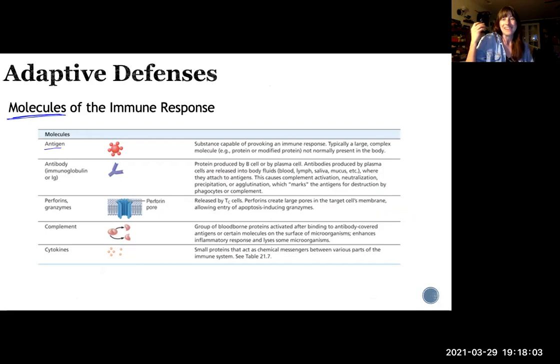So it's going to be a substance capable of provoking an immune response, which can be really any type of macromolecule and other weird chemical things. But in the case of viruses or bacteria, it's usually a protein associated with the outer plasma membrane of that pathogen, okay? That is not normally present in the body, hence why it's non-self, right?